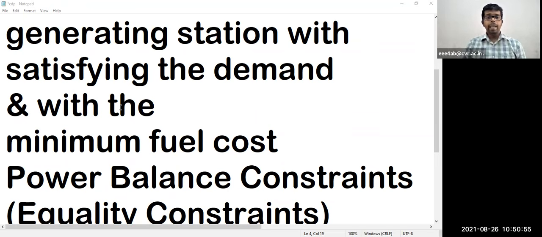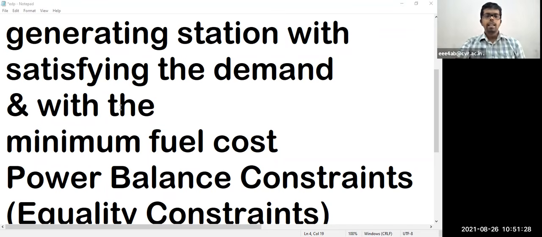What is the main objective function of economic load dispatch? It is to minimize the total fuel cost. Say, for example, generally we select 3 generating units.